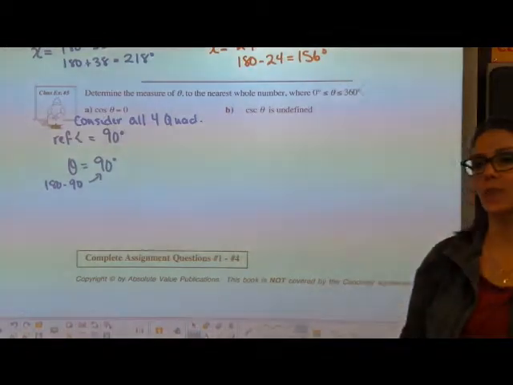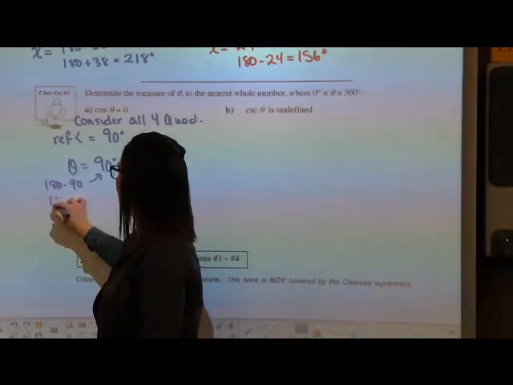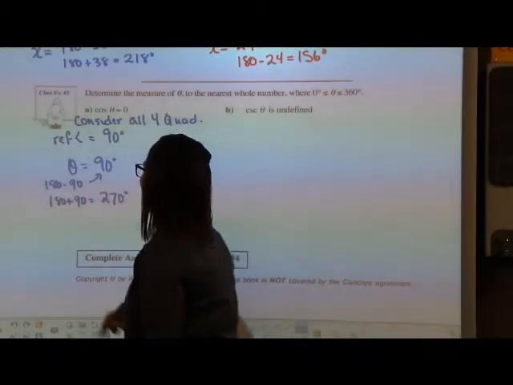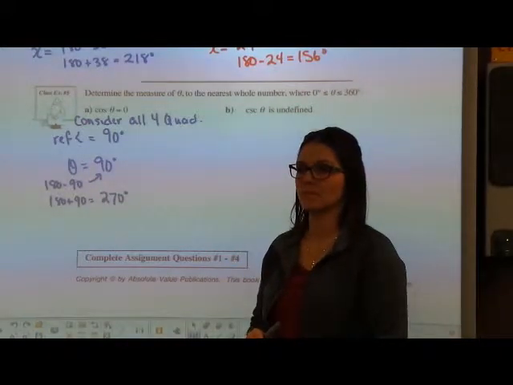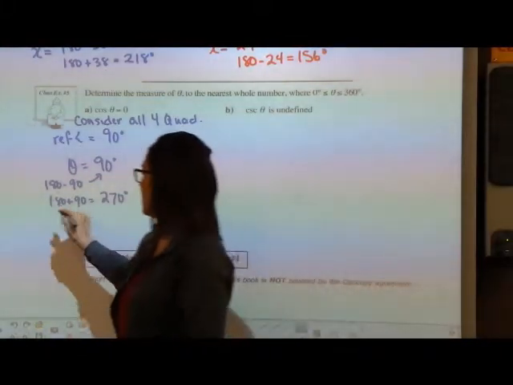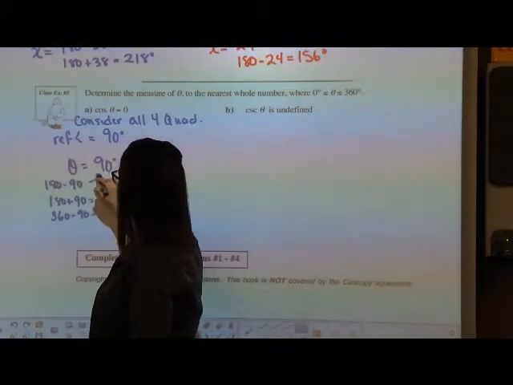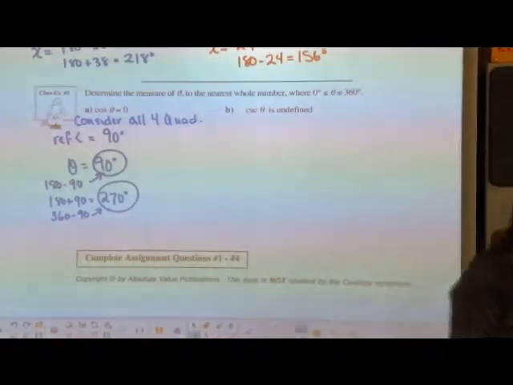What do I get in quadrant 3? 270, 180 plus 90. And what about quadrant 4? 270 again, because 360 minus 90. So my 2 angles would be 90 degrees and 270 degrees.